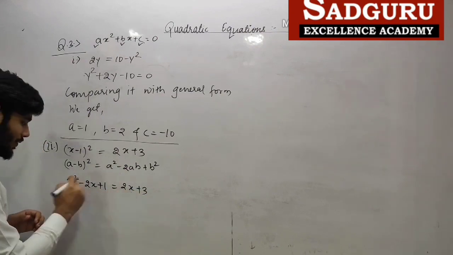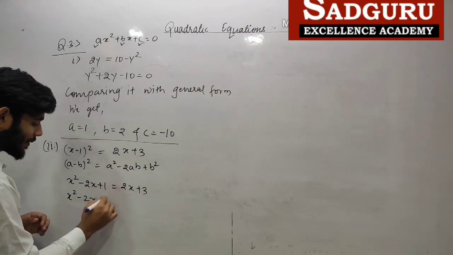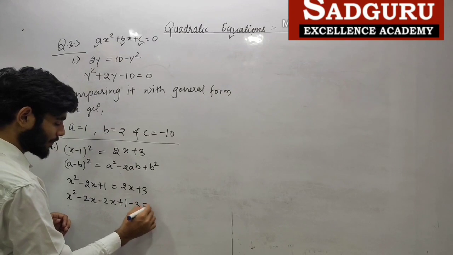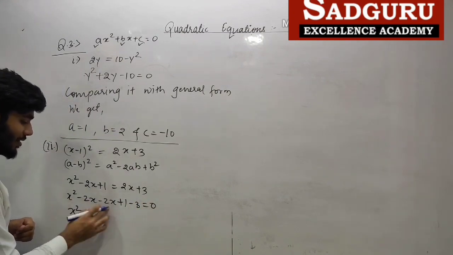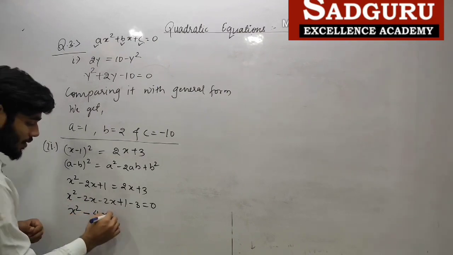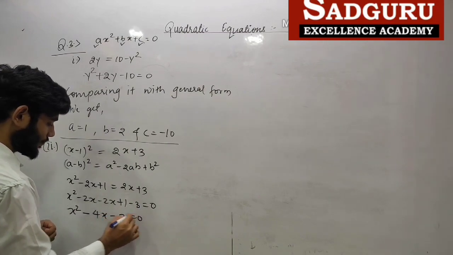So this 2x will come to this side. So x square minus 2x, and this plus 2x becomes minus 2x, plus 1, and this plus 3 becomes minus 3 over here, equals 0. So this becomes x square, like terms, minus 2x minus 2x becomes minus 4x, and 1 minus 3 is minus 2, equals 0.